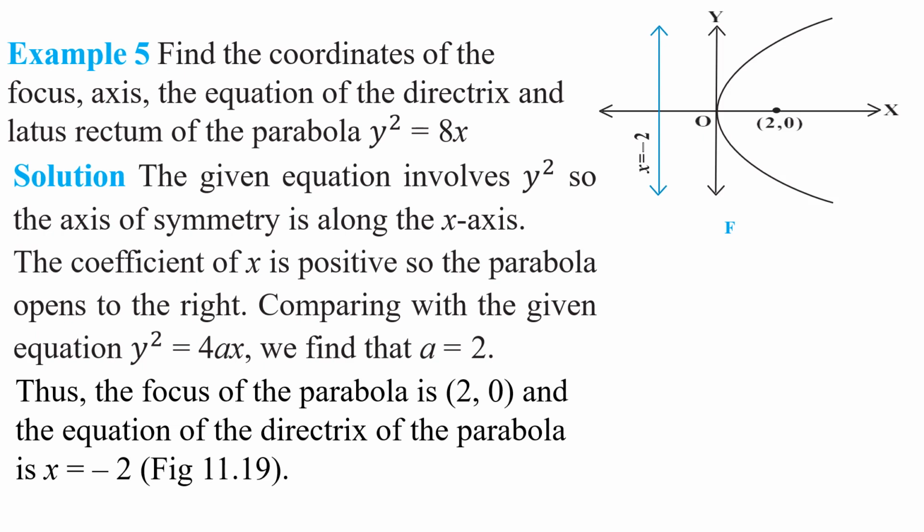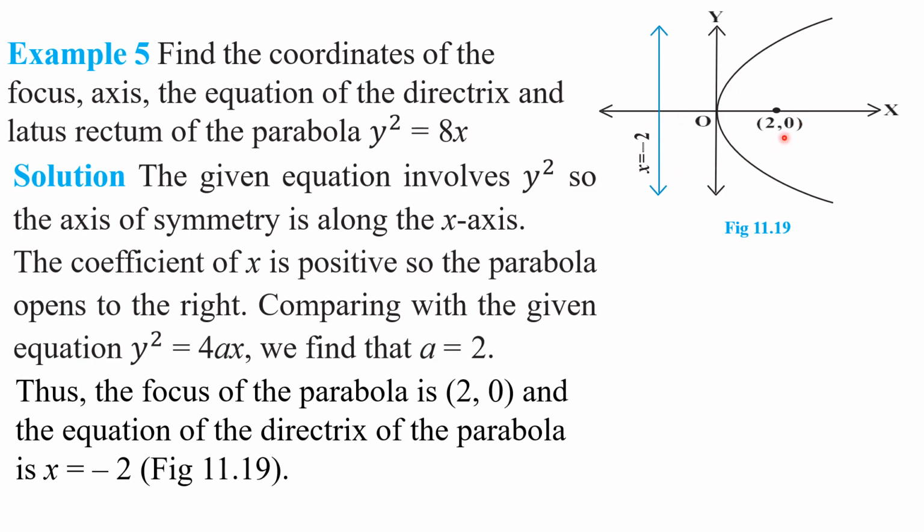Okay, my children. Observe this figure. In this figure, the focus of the parabola is at the ordered pair (2, 0). The directrix is x is equal to -2. Okay, my children, understood these points?